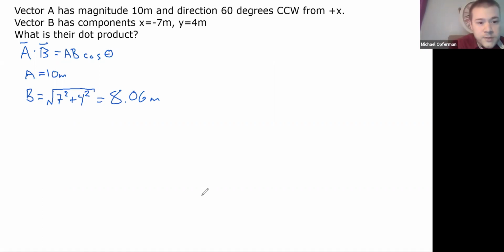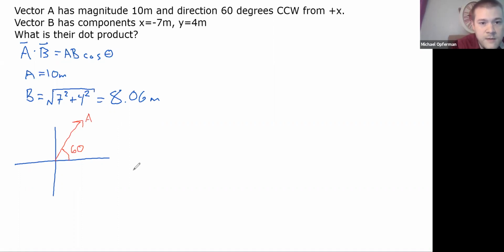All right, and then theta, how do we get the theta? So I need to draw this. Okay, so I'm going to draw a little coordinate axis here. Vector A points 60 degrees counterclockwise from the positive x-axis. So that's up like this, and this is 60 here.